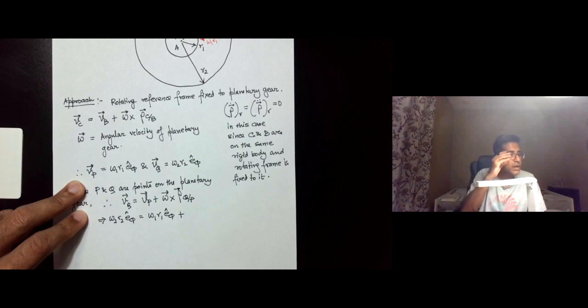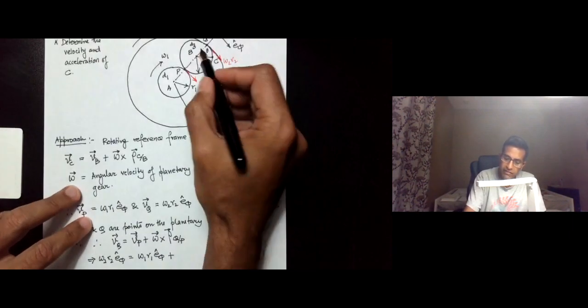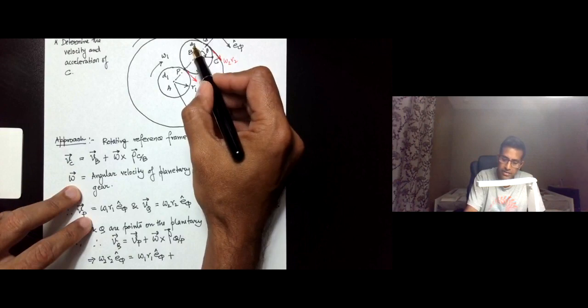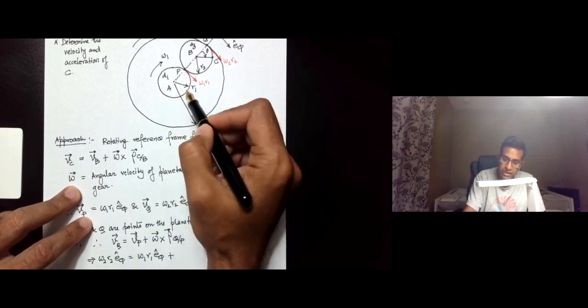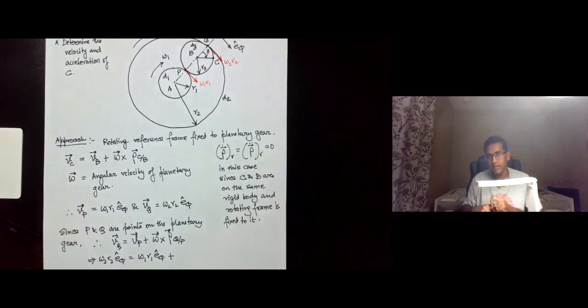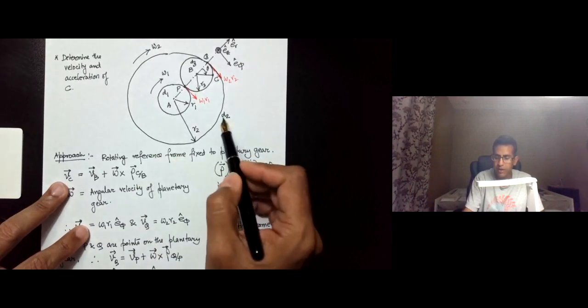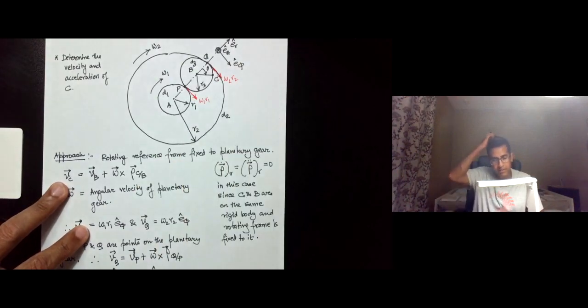plus now this omega is the angular velocity of the planetary gear. We have named the planetary gear D3. We have named the sun gear D1, and the ring gear D2. So the sun is D1, the ring is D2, and the planetary gear is D3.